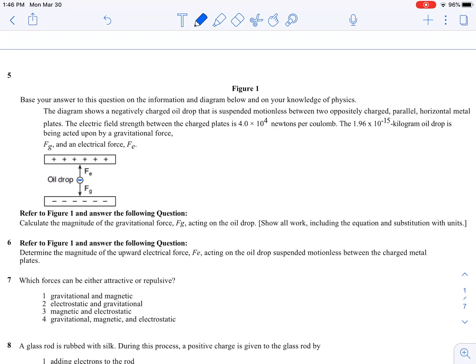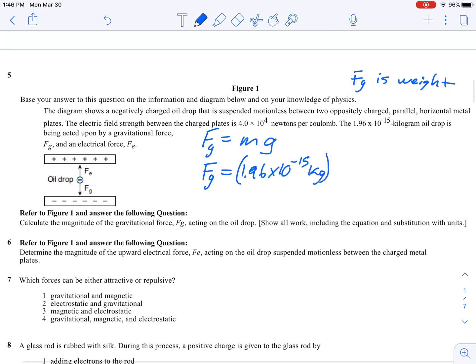So if we start with Fg equals mg, remember Fg is weight. Maybe I'll write that down. Fg is weight and force of gravity. So Fg equals, now m is 1.96 times 10 to the negative 15 kilograms. g is 9.8 meters per second squared.